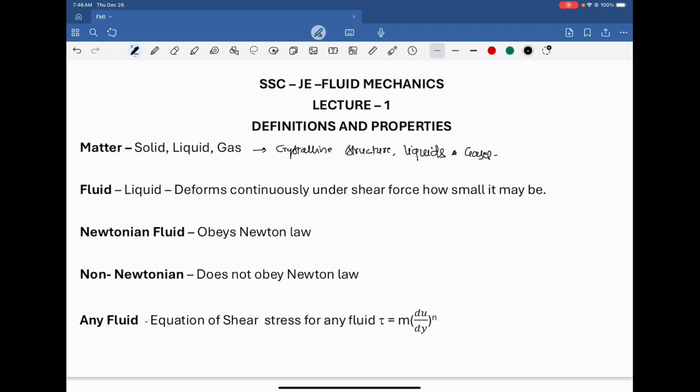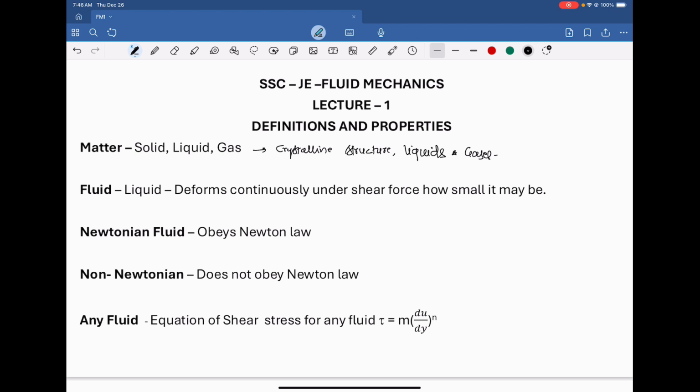I can say the amount of molecules in a particular structural arrangement is lesser, or less compact, in liquids when compared with solids, and the compactness in gases is still further reduced.